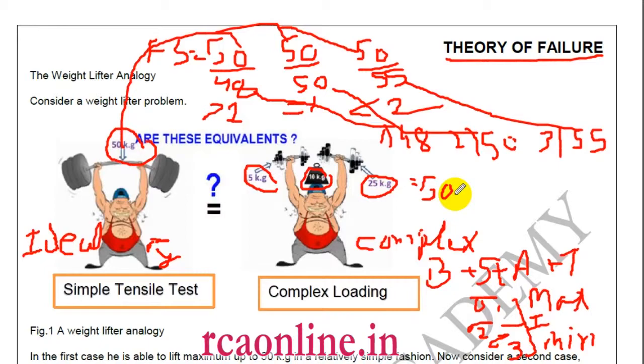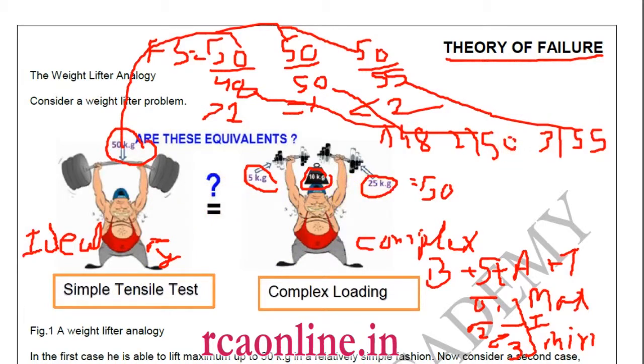So in all the theories, during different periods of time, people have tried to correlate different parameters like principal stress, strain and energy in the complex loading with the same things in the simple tensile test. They try to match these and find what the factors of safety are and how the failure can be defined.